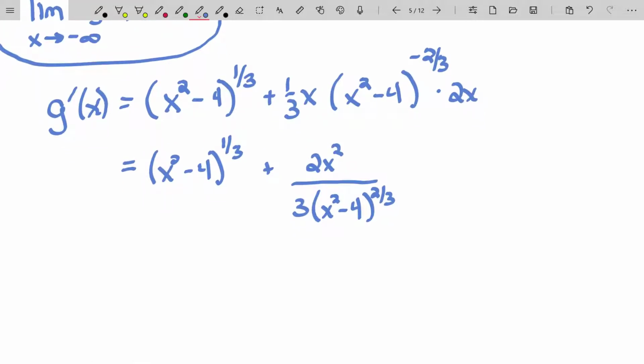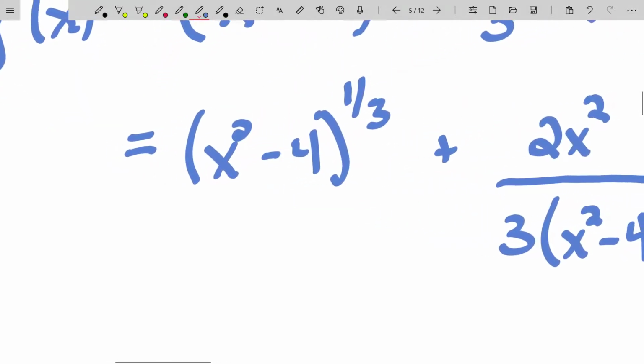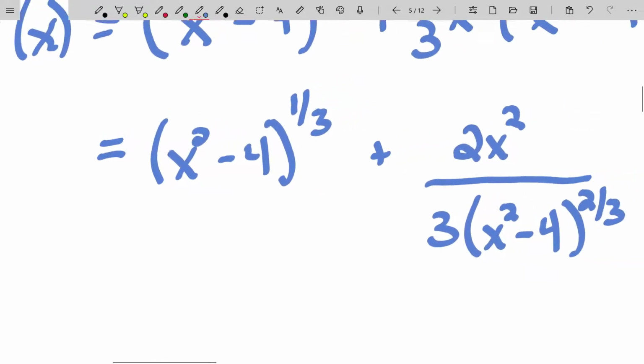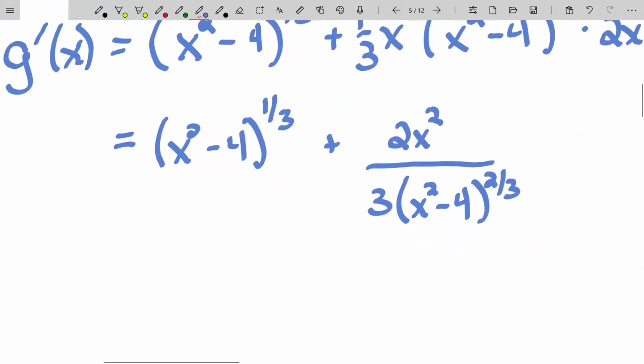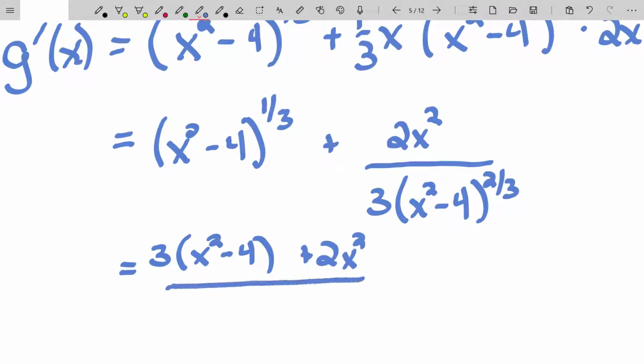If you're really bad with algebra, this is not going to be fun for you. I'm going to multiply numerator and denominator of that first term by 3 x squared minus 4 to the 2/3 power. And when I do that, I get 3 times x squared minus 4 plus 2x squared all over 3 times x squared minus 4 to the 2/3 power.